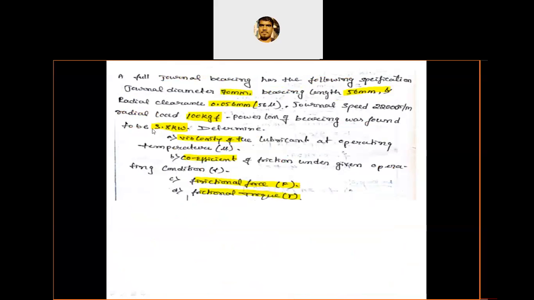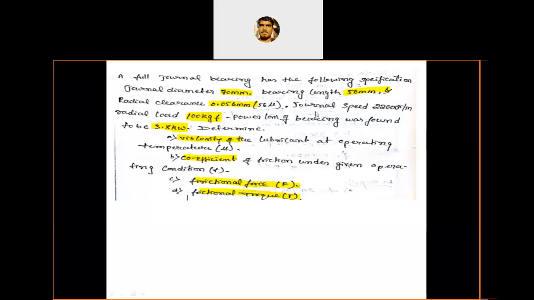And next, come to the second problem. A full journal bearing has the following specification: journal diameter 70 mm, bearing length 56 mm, radial clearance 0.056 mm, that is 56 microns. Clearance is given in microns, mm converted into meter gives the microns.